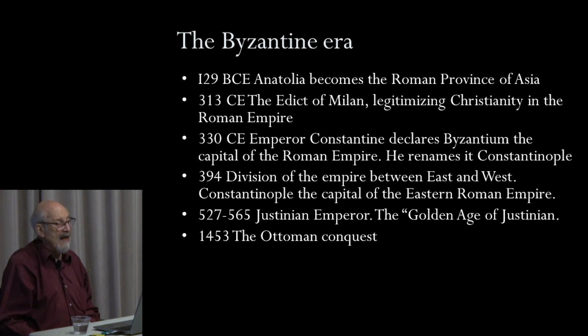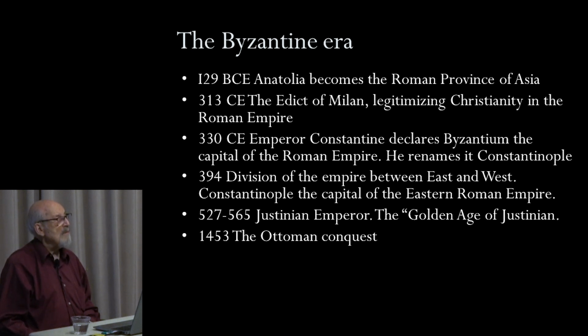In 330, the Emperor Constantine discovered what a beautiful site was available for the small city of Byzantium at the top of the Sea of Marmara, between the Sea of Marmara and the Black Sea. And he made this his capital.